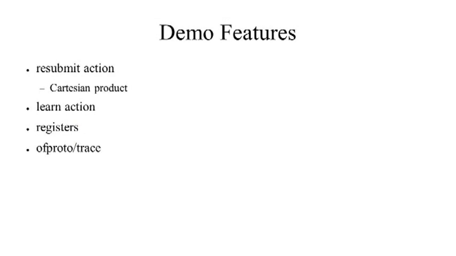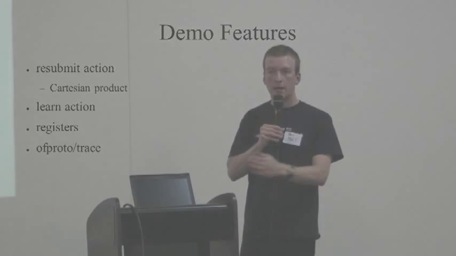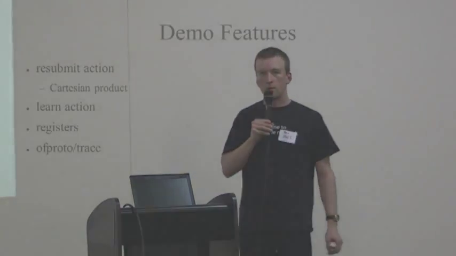Registers. OpenFlow has all these packet fields that it can look at. Registers are just additional data that your flow table can manipulate as it goes through, and then match on later to do something else. And if you only get one thing out of this, I'd like you to learn about the ofproto/trace command.